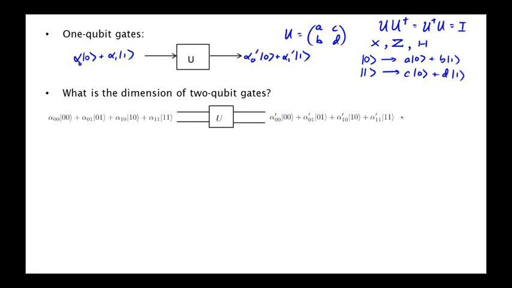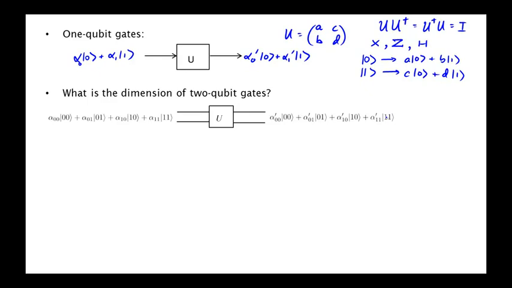So what's the state of our initial qubits? Well, remember that the state of 2 qubits is described by 4 complex numbers, the 4 complex amplitudes, alpha 0 0 through alpha 1 1. And the output qubits are described by 4 new complex numbers, alpha 0 0 prime through alpha 1 1 prime.